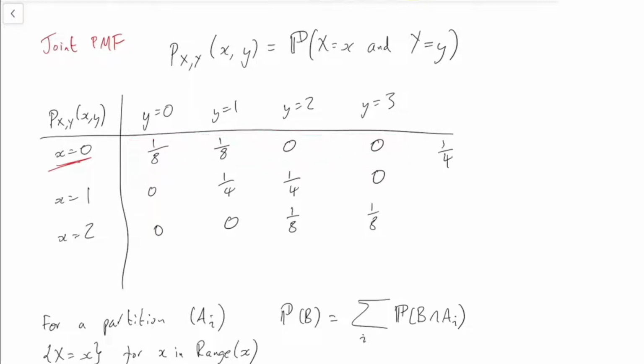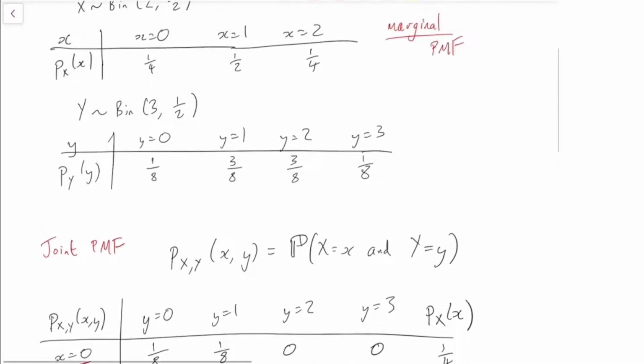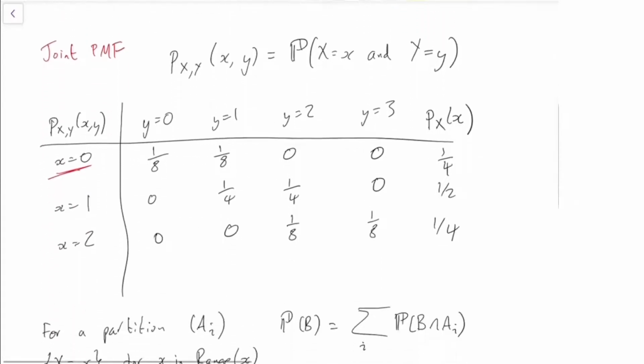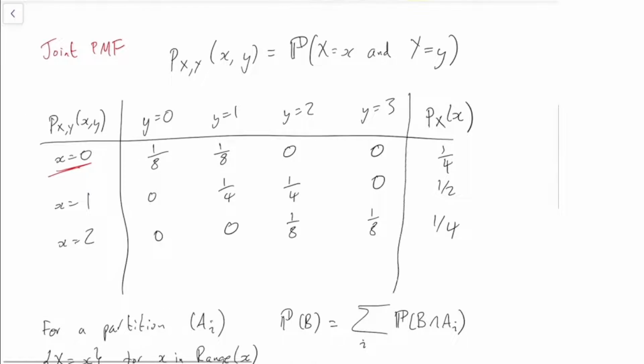So if we put the sum over there, this is the probability p_X of x. And similarly, we can sum over the X equals 1 row to get the probability X equals 1. That was a half, and that row comes out as a quarter. And if you check that with what we had for the marginal distribution up there, a quarter, a half, a quarter, you'll see that we've got a quarter, a half, a quarter here as well.